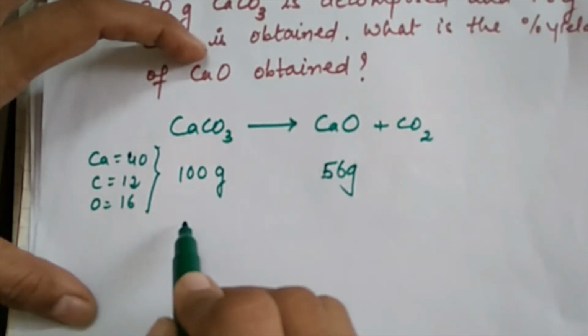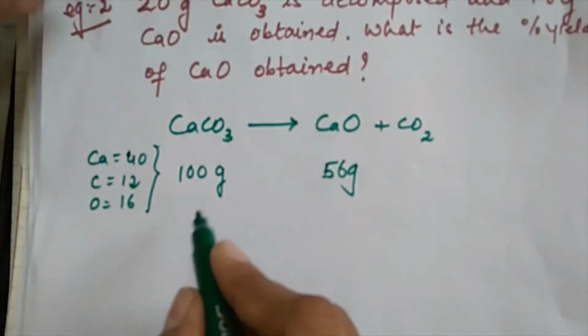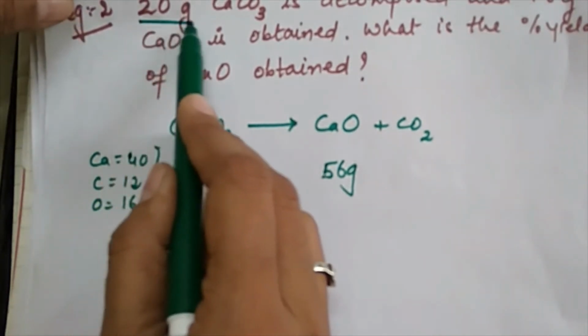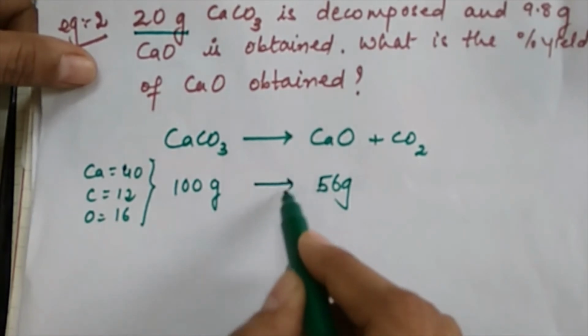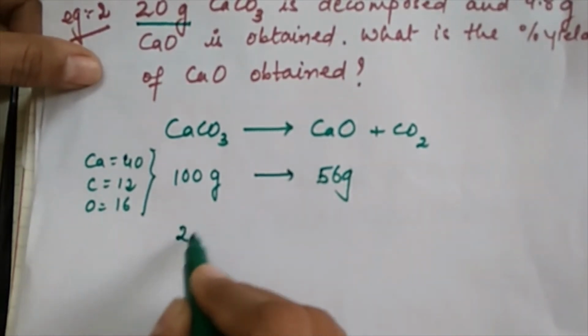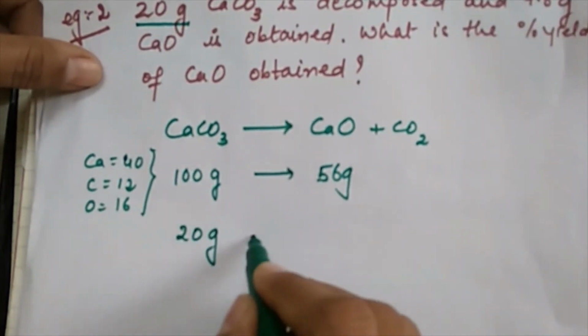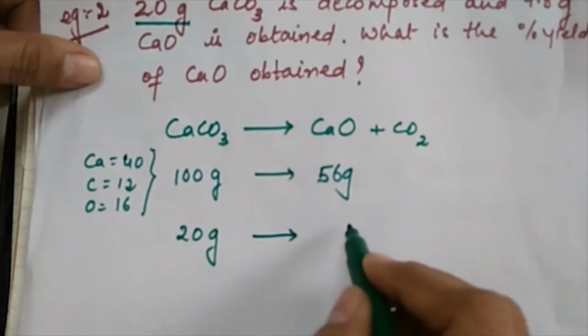But the question given is 20 grams of calcium carbonate is decomposed. So 100 grams decomposed gives 56 grams. 20 grams of calcium carbonate will be decomposed giving how many grams?